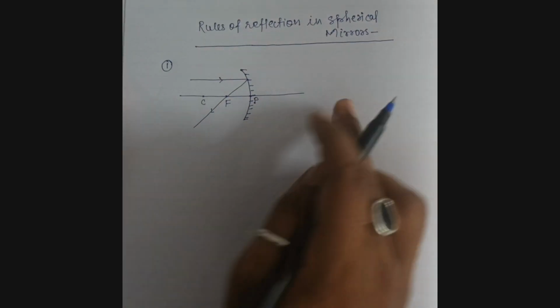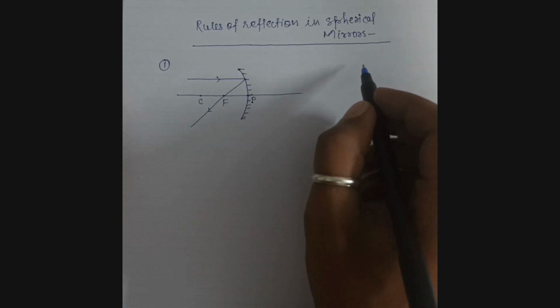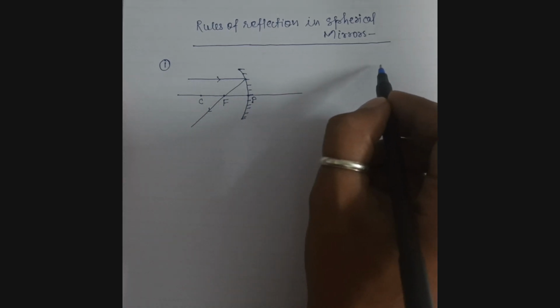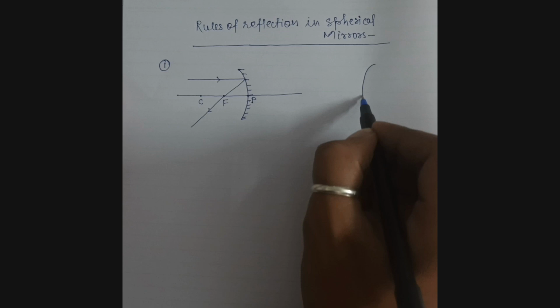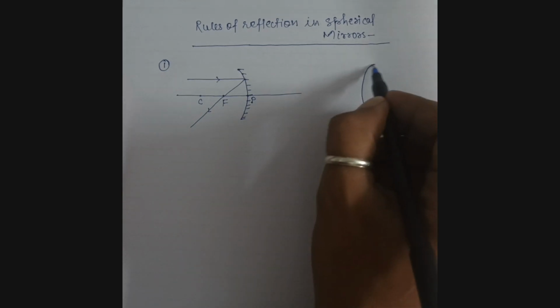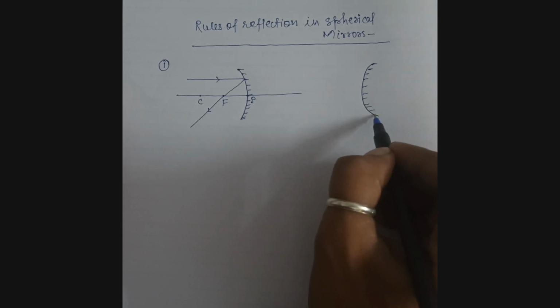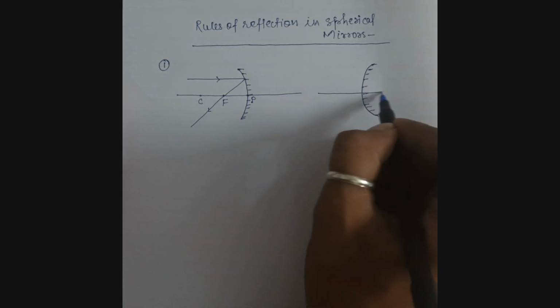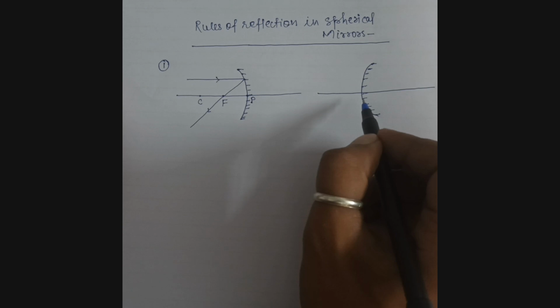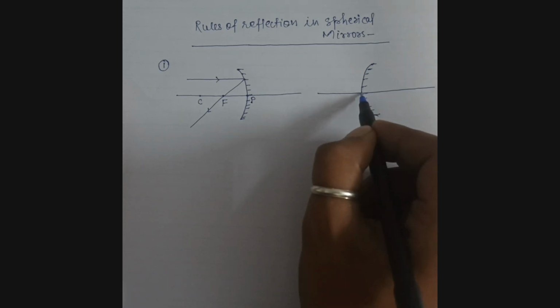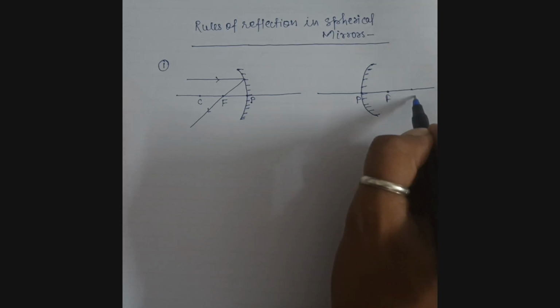Now, when we consider the convex mirror, what happens? Let us consider we have a convex mirror. In a convex mirror, we polish the inner part of the mirror, and this is the principal axis. This is the pole, this is the focus, and this is the center of curvature.